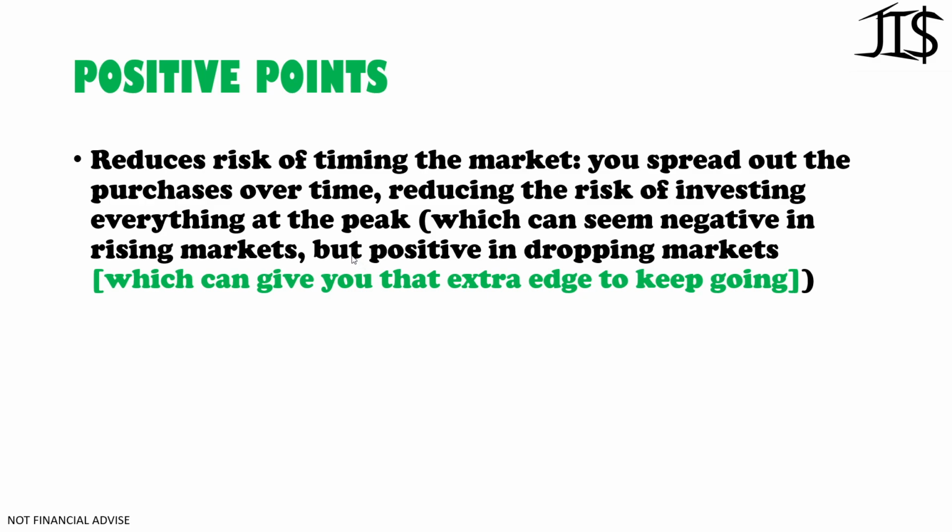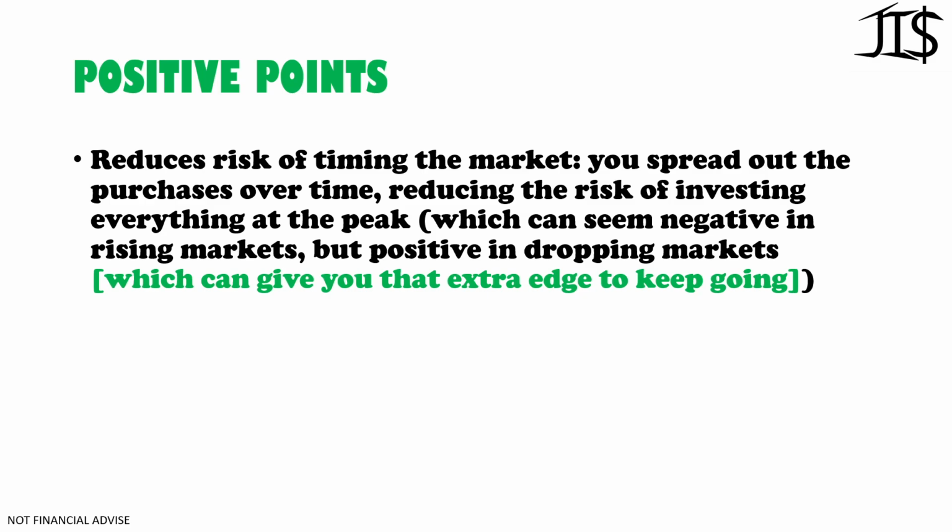But I already mentioned it in the previous slide, the last negative point. So it can seem negative in rising markets because you are averaging up your average buying price, but it can be positive in dropping markets.